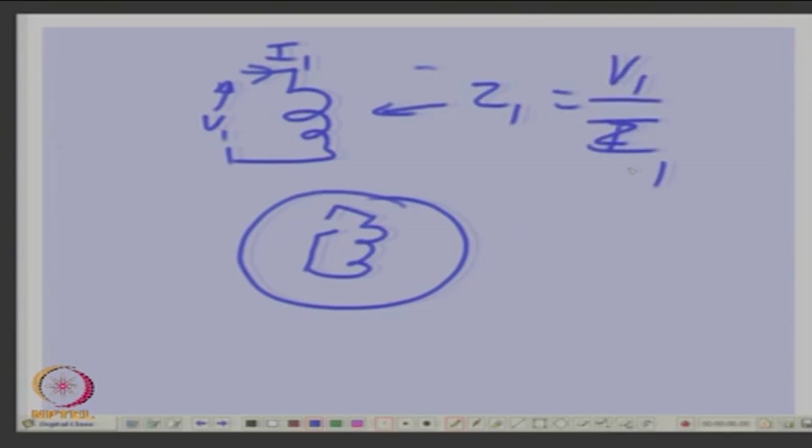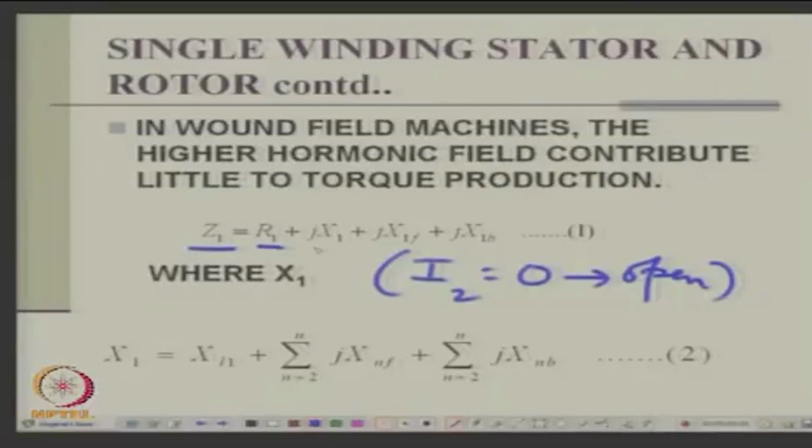V1 by I1 is the impedance of the single stator winding, which will consist of the resistance, the leakage reactance, which contains all the harmonic leakages, and I split out the mutual reactance component of this. This is the flux which also enters the rotor core. This X1F, X1B are due to the mutual flux.